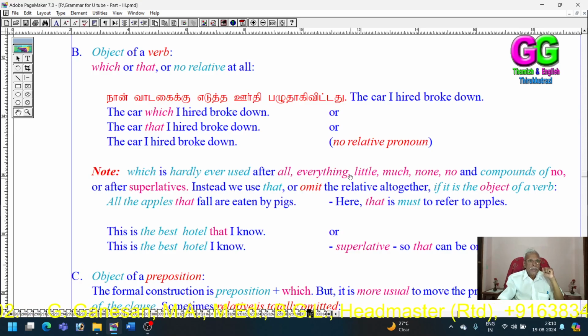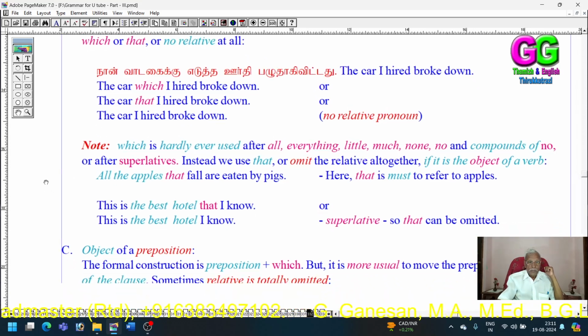After these words, which is not used. Here, mostly that is used, and sometimes even that is omitted.